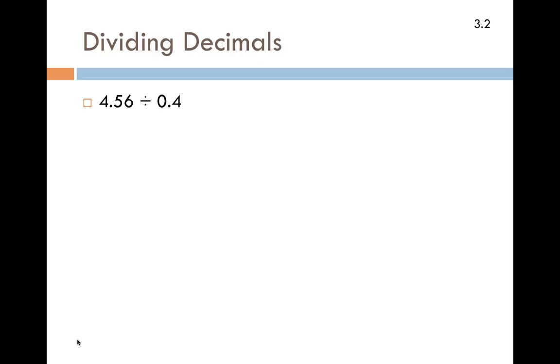Does anybody know how many places we've got to move that decimal? Priscilla's saying 2. What does everybody else think? Okay, 1. So we're going to move it one place here, and we're going to move it one place here, and that's going to give us 45.6 divided by 4.